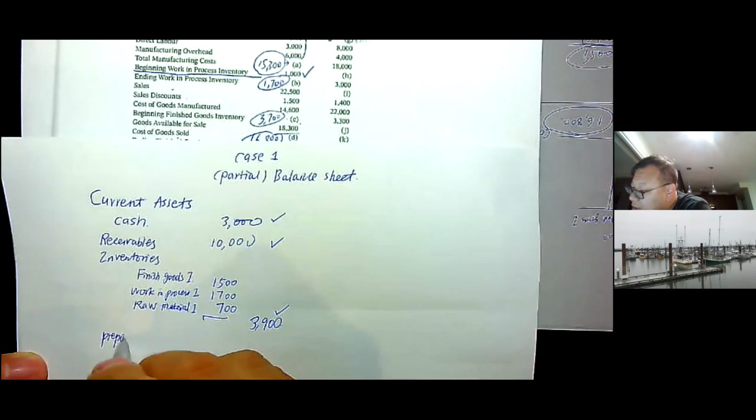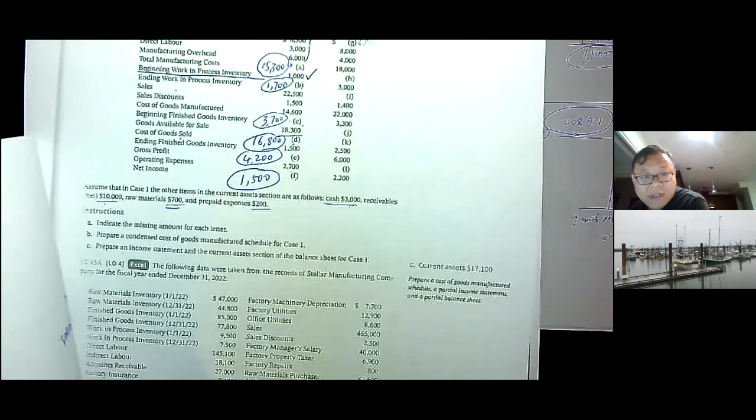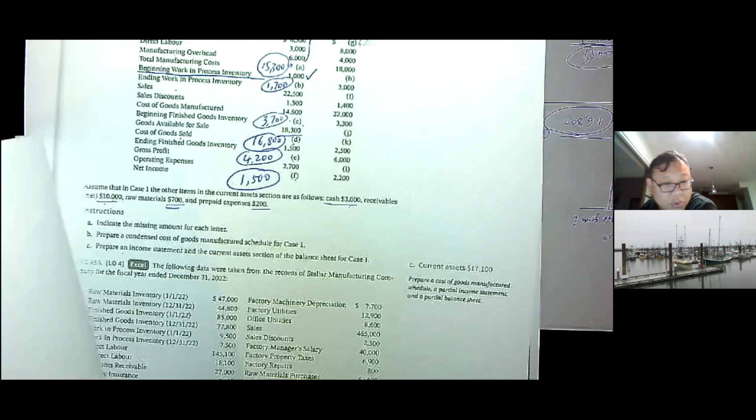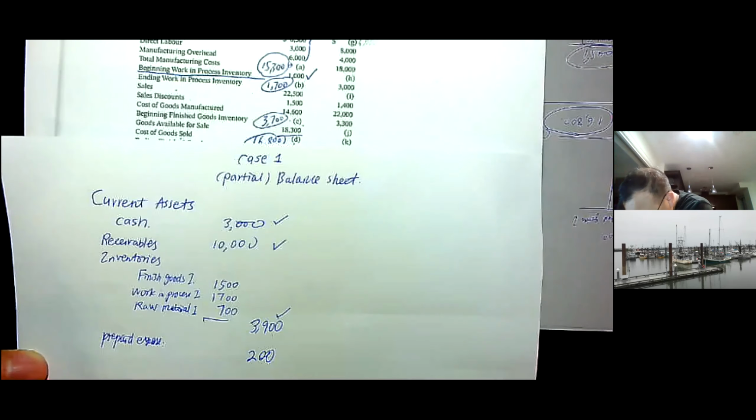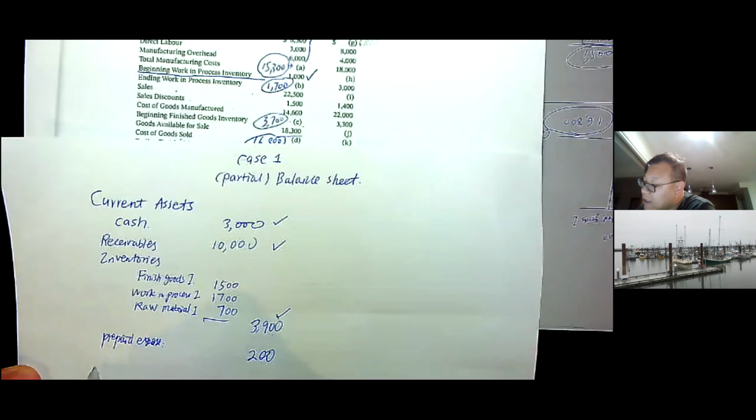And next one will be prepaid expenses. The prepaid expenses are given, 200. Okay, and now that's it.